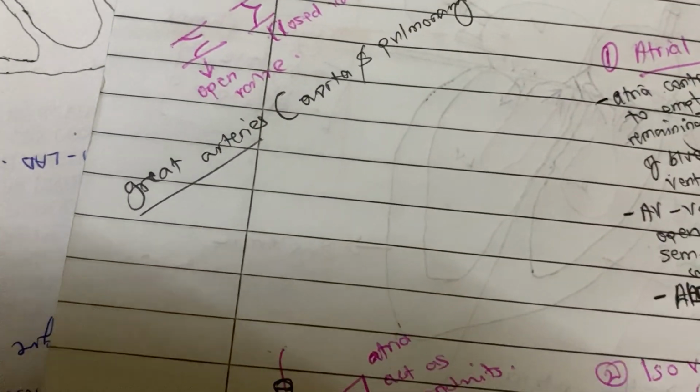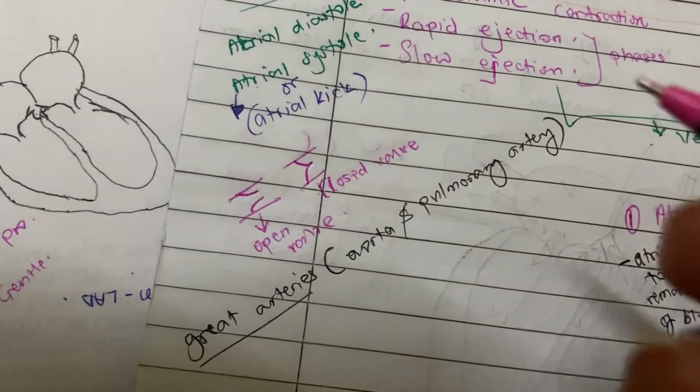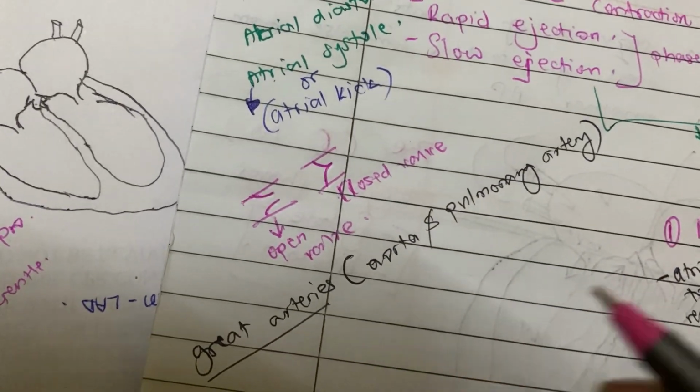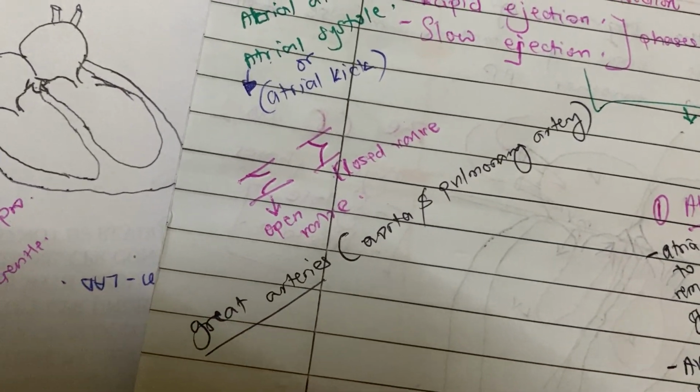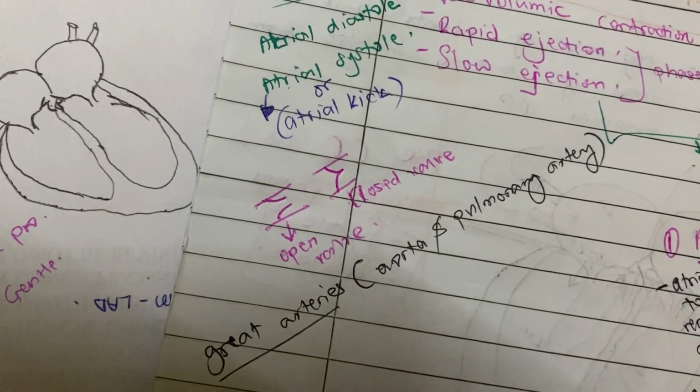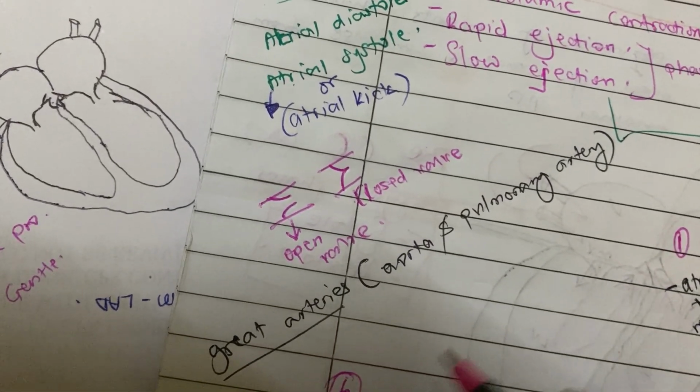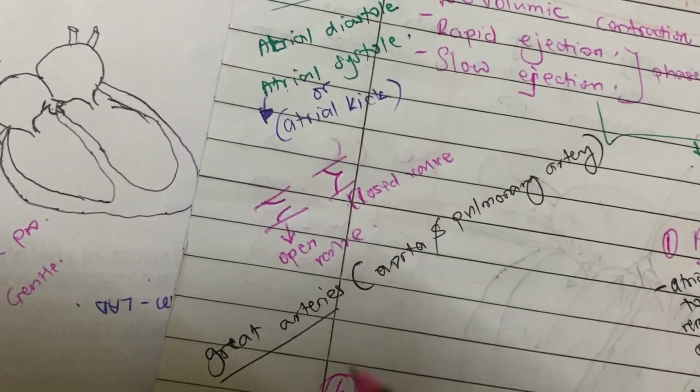And then, okay, we can write phase 6, that is rapid feeding.